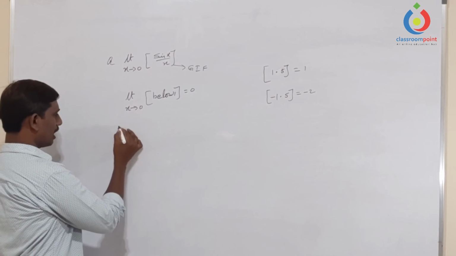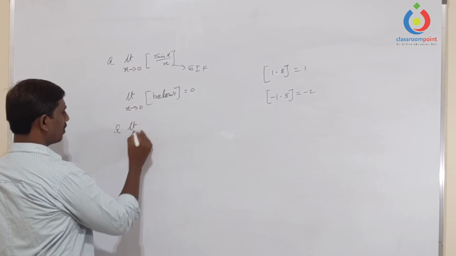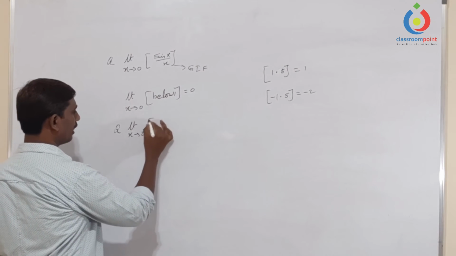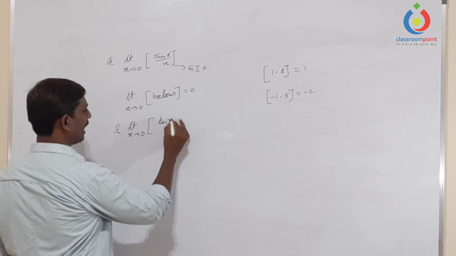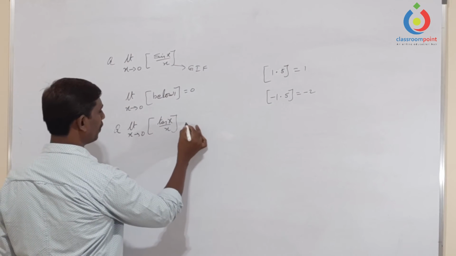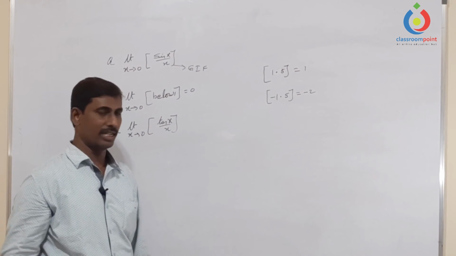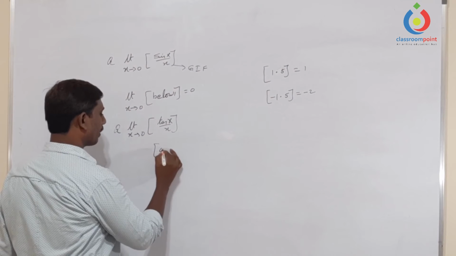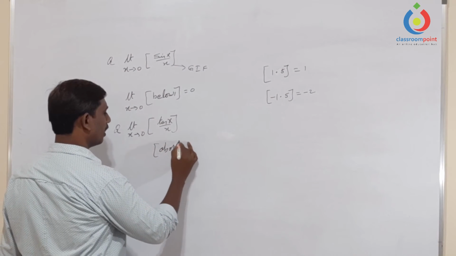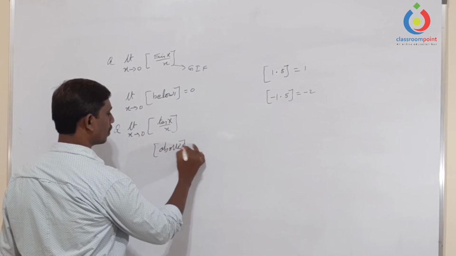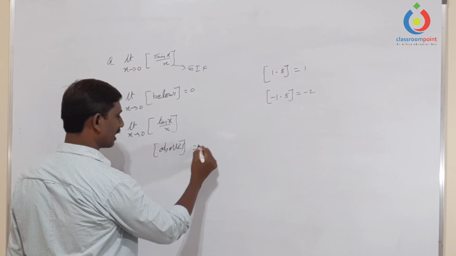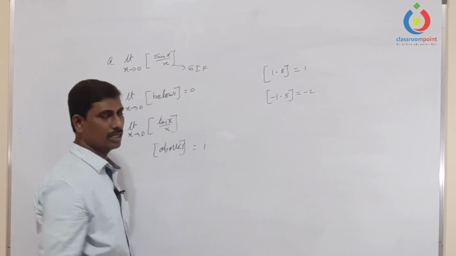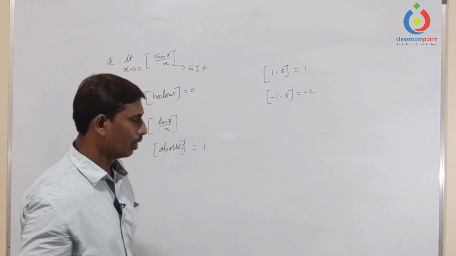Sir, suppose another question. Limit x tends to 0 integral part of tan x by x. Then what is the value of this one, sir? It is above 1. So that means 1 point something. Above 1 means it is automatically equal to 1.